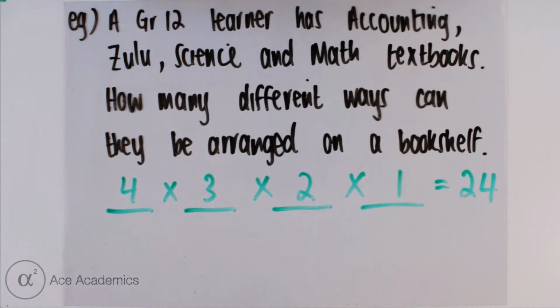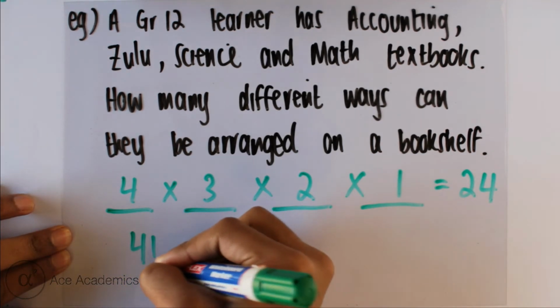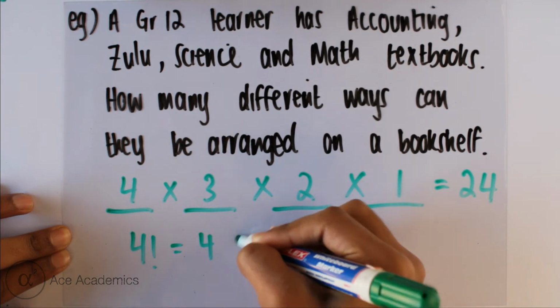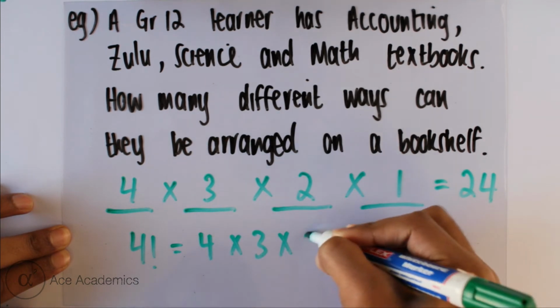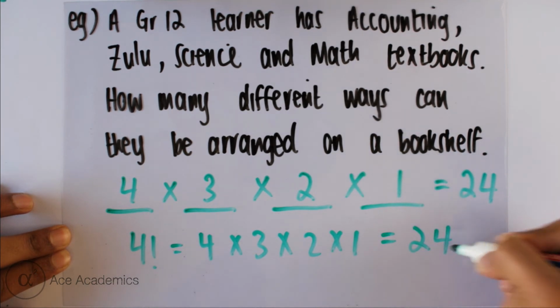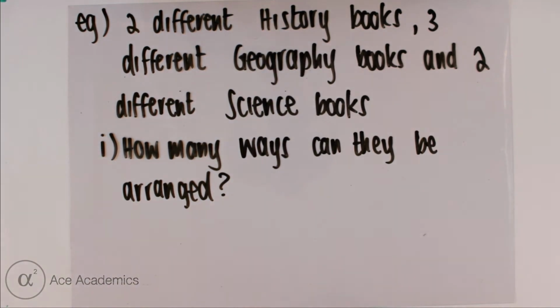However, this can also be written in factorial notation as simply 4 factorial, because we know that 4 factorial is the same thing as 4 multiplied by 3 multiplied by 2 multiplied by 1, and that is also equal to 24. Let's look at a more complicated example. The example reads, there's 2 different history books, 3 different geography books, and 2 different science books.